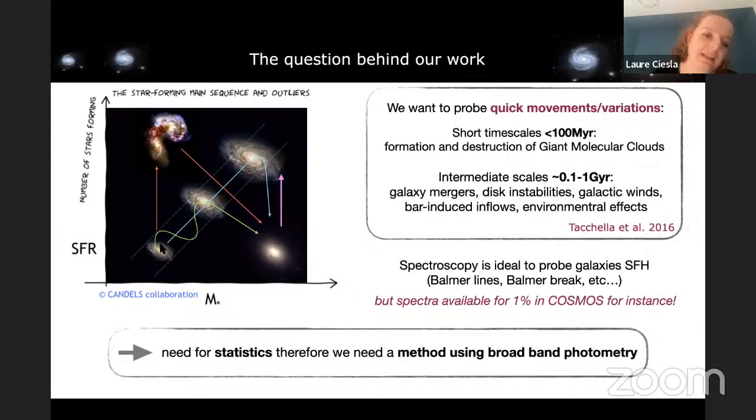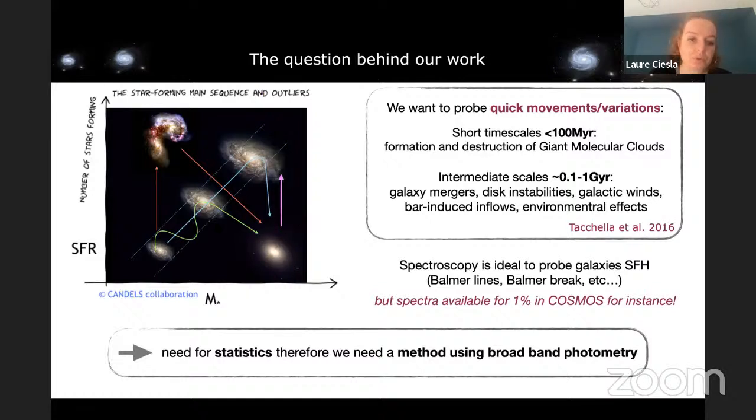Or you can have this galaxy coming in a merger type of event, and then after the starburst, is this galaxy going down, crossing the main sequence, and at the end ending up passive? Or can this galaxy go down after the starburst but stay on the main sequence? Can a galaxy just make this kind of movement within the scatter? So just what I explained earlier, but also what we call rejuvenation. Can galaxies in the passive region come back onto the main sequence?